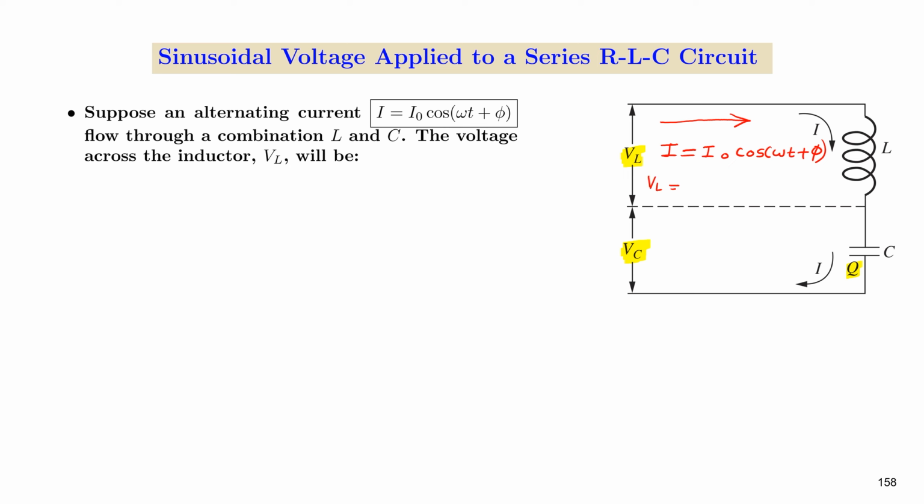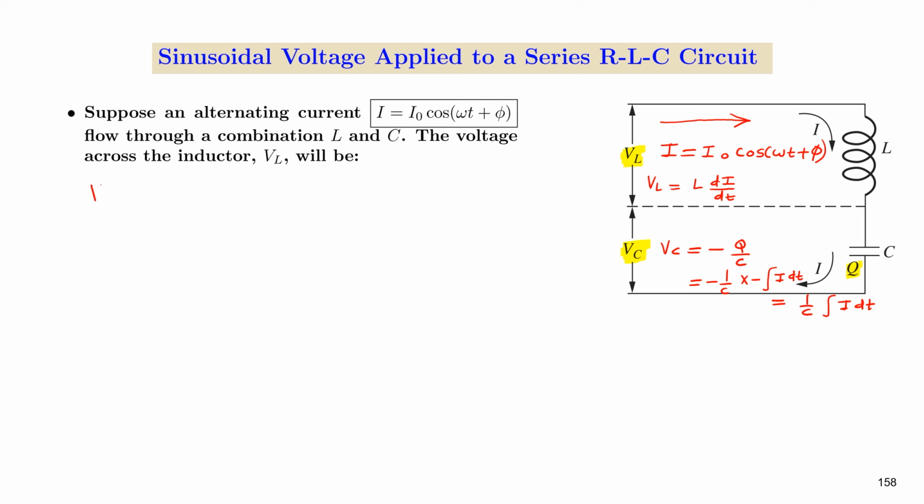VL is given by L times di over dt, and Vc is given by negative of Q divided by C, which is equal to negative of 1 by C multiplied by negative of integral I dt. So that is equal to 1 by C times integral I dt.